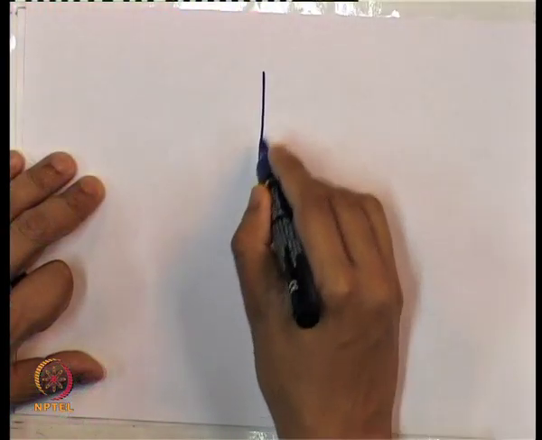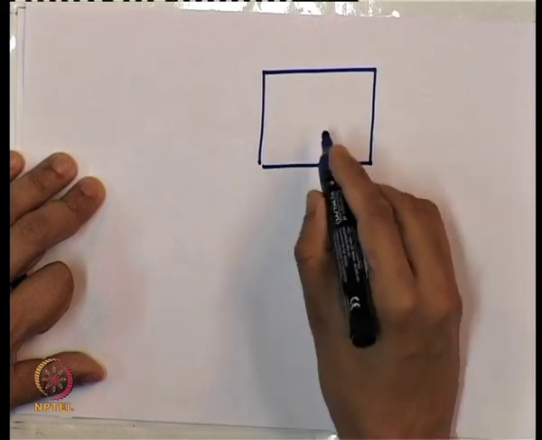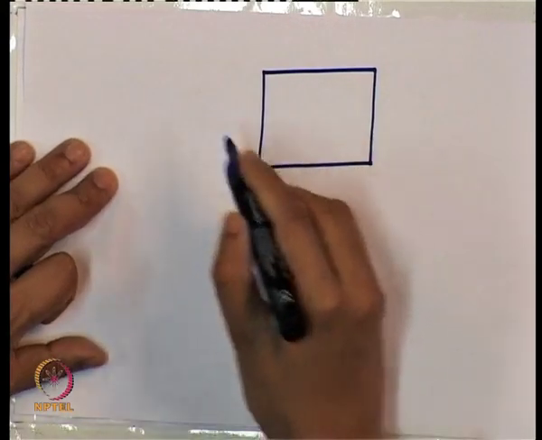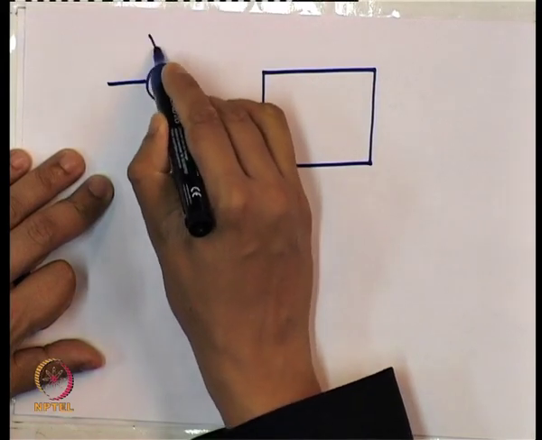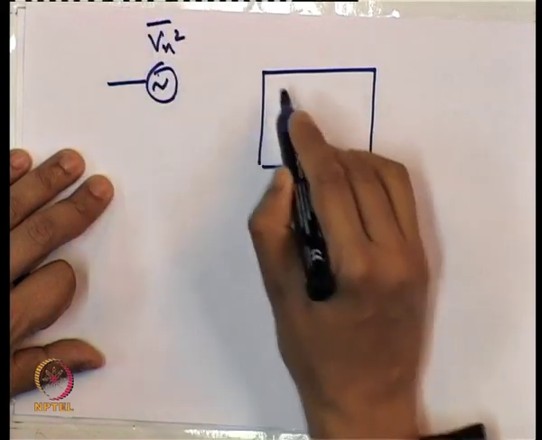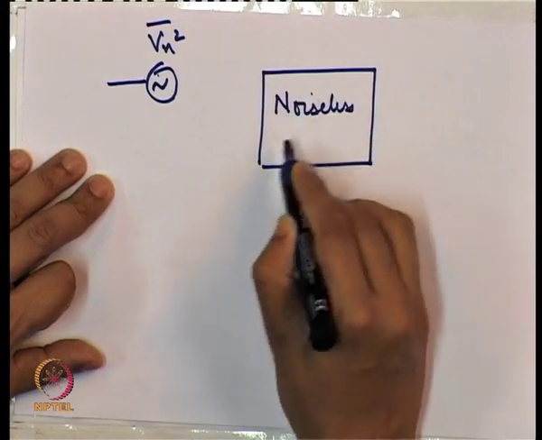So the first aspect is that we have our two-port network. This is our two-port network, and we consider it to be a noiseless two-port network.